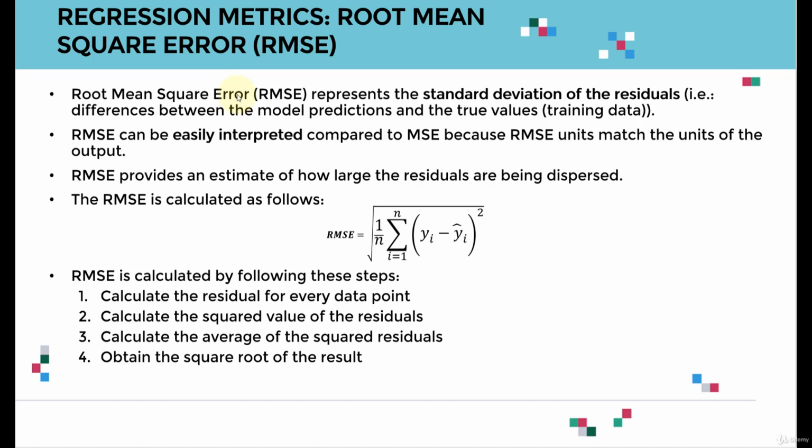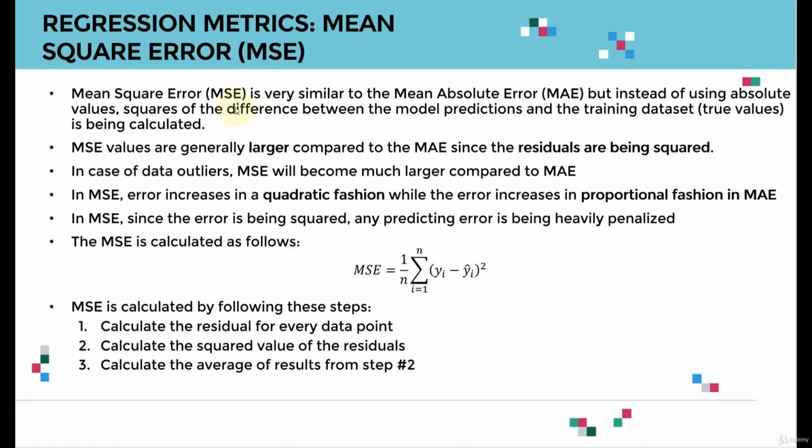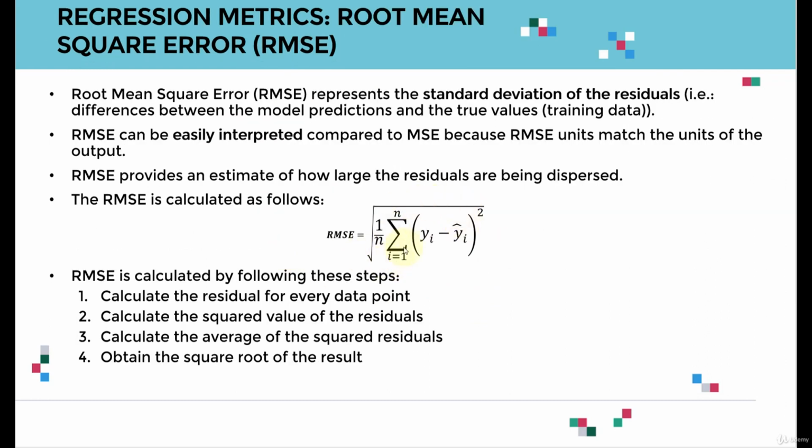So it's going to give you a sense of how off you are, because the error is in exactly the same units as the output of the actual predictions coming from my model. However, for MSE, the previous metric, because we square it up, the units will be very different. But here we square it up and then obtain the square root, so the units go back to the original units of my output.